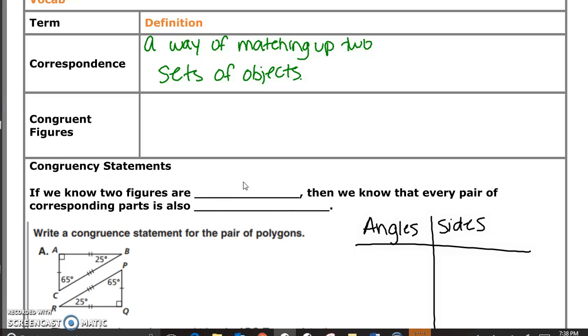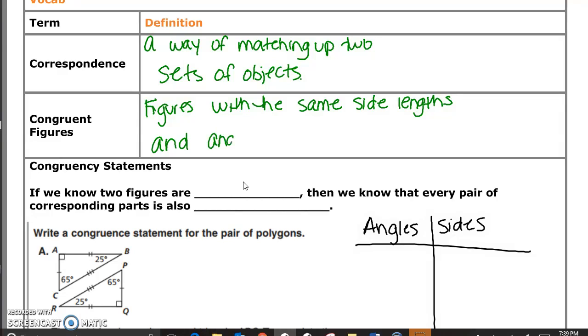Okay, and all of these examples are going to be about congruent figures. And so that is just figures with the same side lengths and angle measures.